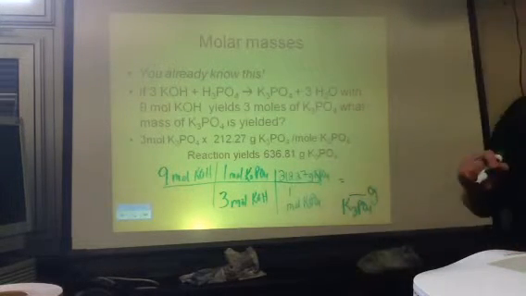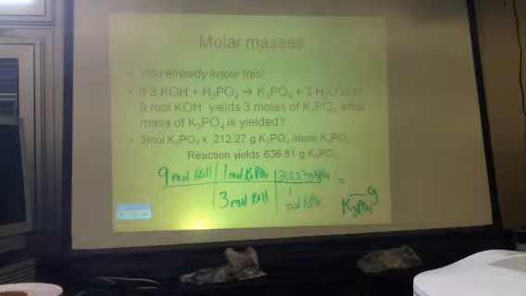Worst handwriting ever. My apologies. Okay, so we're pulling those numbers straight from the equation and the periodic table. And we get 636.81 grams of the stuff, and we can actually keep all those sig figs. So remember, we're basing our sig figs on our molar mass, not on 1 mole.